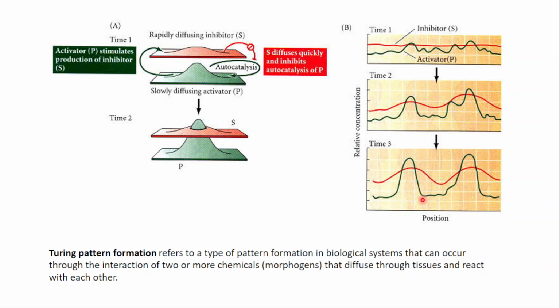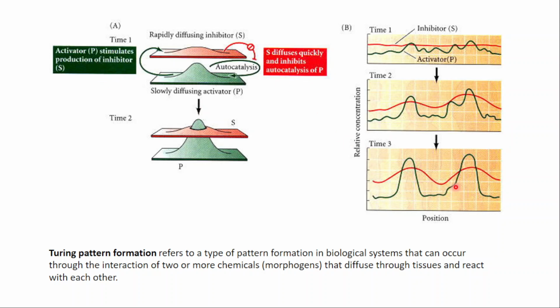Then slowly, with regard to position, the activator concentration will peak at certain levels, and it will coincide with the peak of the inhibitor. But since the inhibitor diffuses very quickly and inhibits autocatalysis of P, there will be some amount of inhibitor still there when the activator levels are still low. So the slowly diffusing activator will not be able to autocatalyze or stimulate more inhibitor.